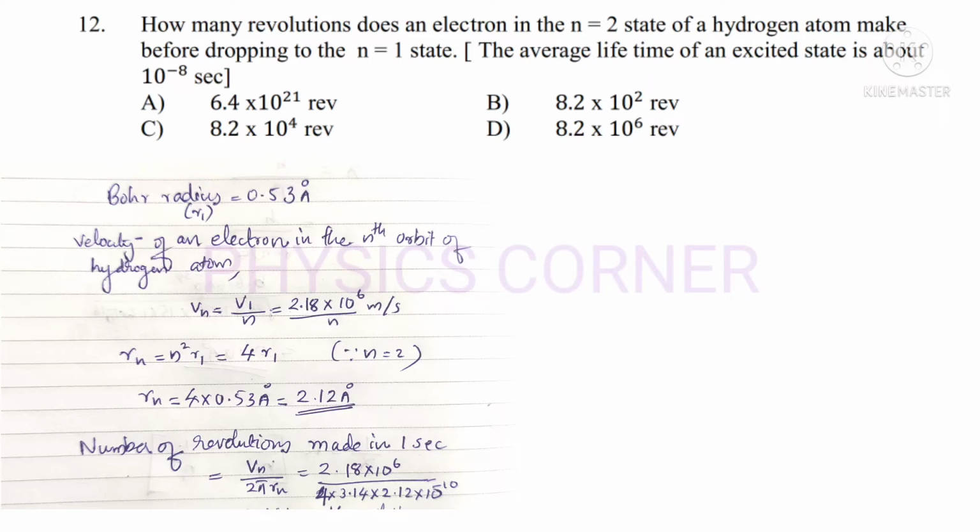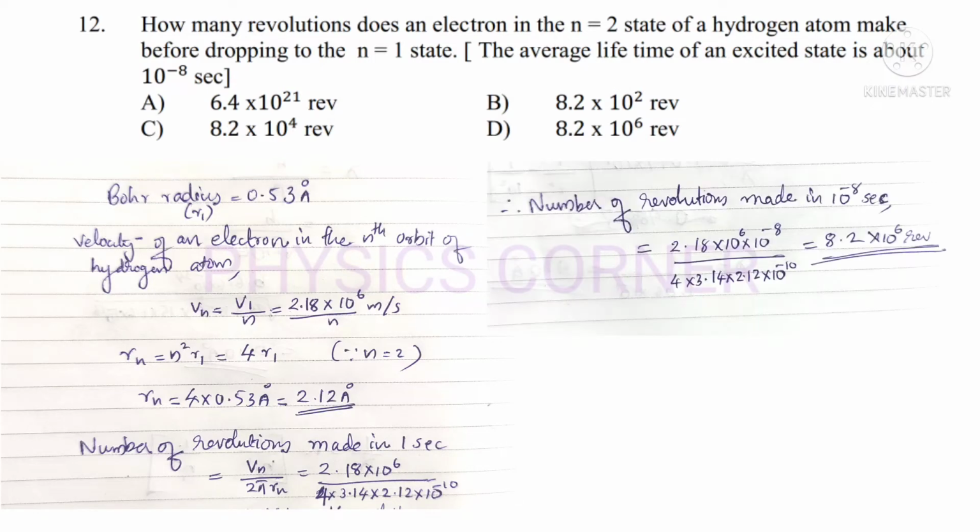And the velocity of an electron in the nth orbit of a hydrogen atom can be expressed as Vn is equal to V1 by n, and the value of V1 is calculated as 2.18 into 10 raised to 6 meter per second.